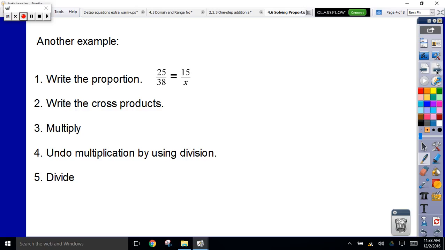So we have 25 out of 38 is equal to 15 out of how many? So let's write our cross products. 25x equals 38 times 15. I'm going to multiply that through. 38 times 15 is 570.